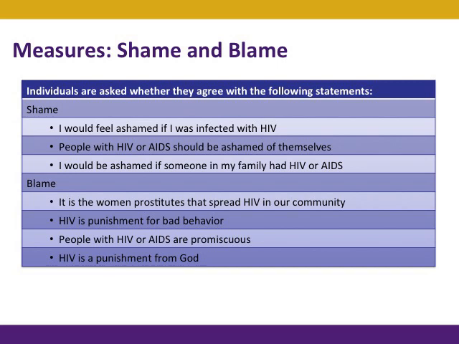You can ask people whether they agree or disagree with these statements. I would feel ashamed if I was infected. I would personally be ashamed if someone in my family had HIV. And then there are a few questions around the blame domain. HIV is a punishment from God. It's a punishment for bad behavior. And these items can actually be made into a small scale, and I'll show you that in a moment.